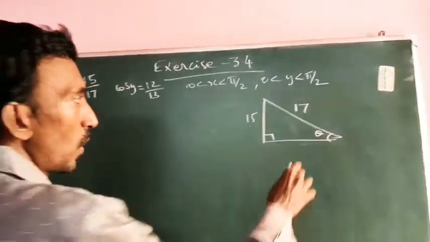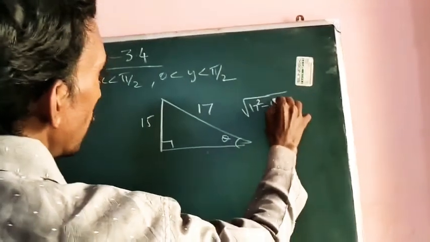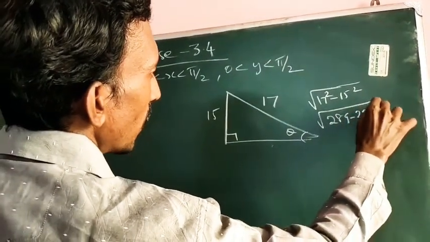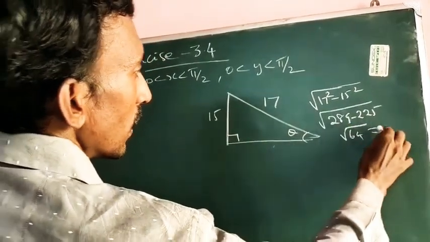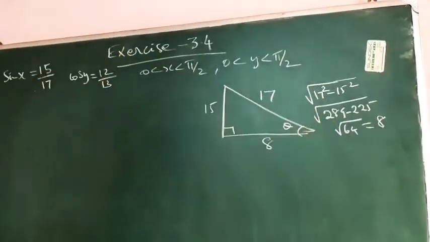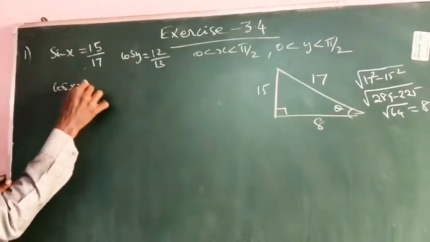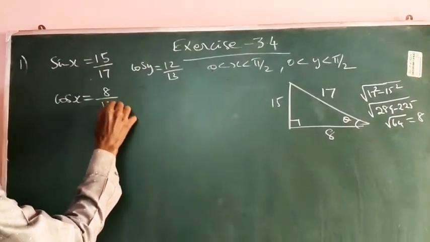Very simple one: root of 17 square minus 15 square, root of 289 minus 225, root of 64, that is 8. So the adjacent side is 8. Therefore, we are getting cos x equal to 8 by 17.